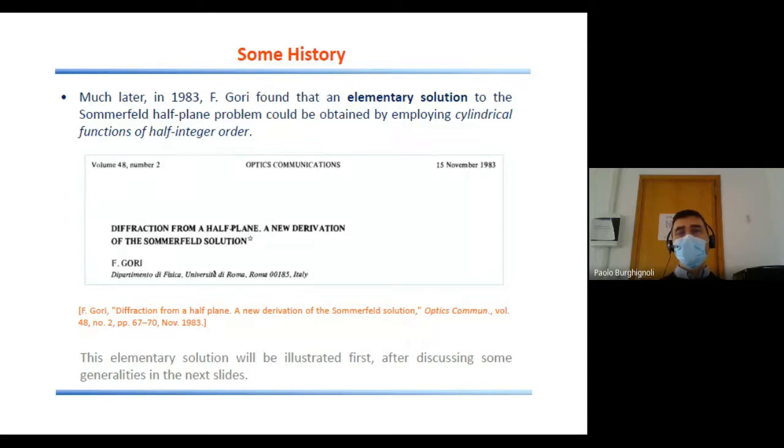And this is actually the solution that we will address first because it's simpler and instructive. However, we will do that only after discussing some general concepts that will help us in entering this electromagnetic configuration.